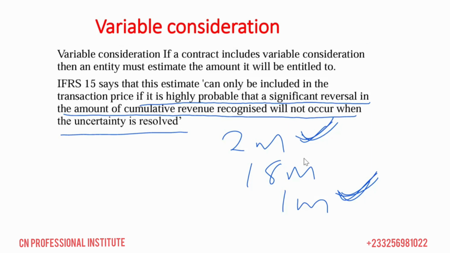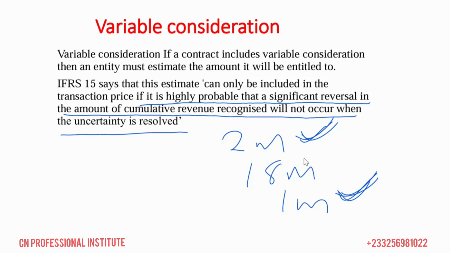This is what it means. Before you record a variable consideration, the entity should be very sure that if they include that variable consideration as part of the main consideration, and record it in their books, they will meet the conditions.